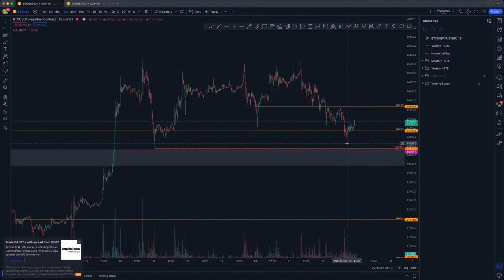In the first session, we talked about the platform, as in navigating it. This session, we've talked about levels, volume zones as levels, and higher time frames as levels.